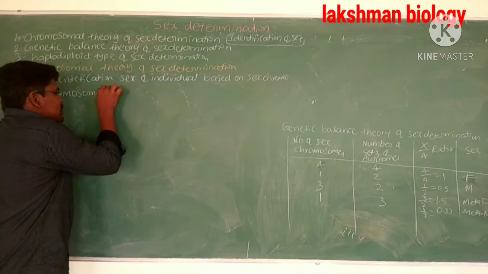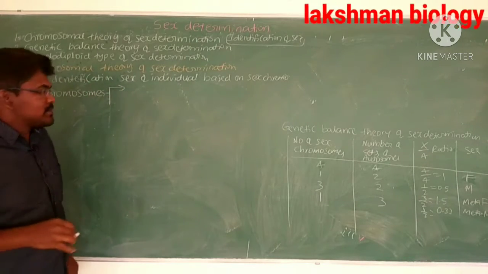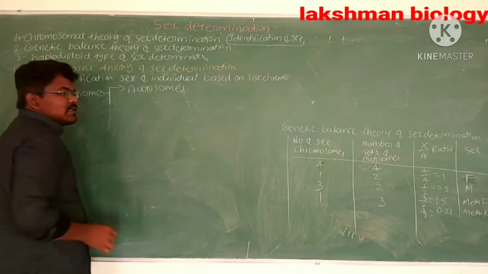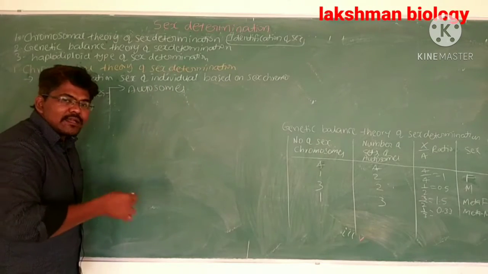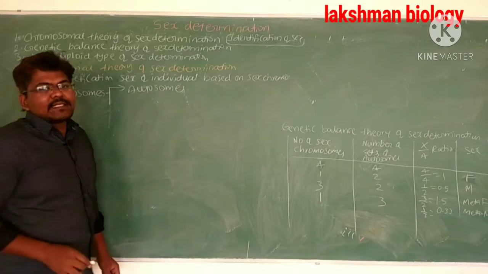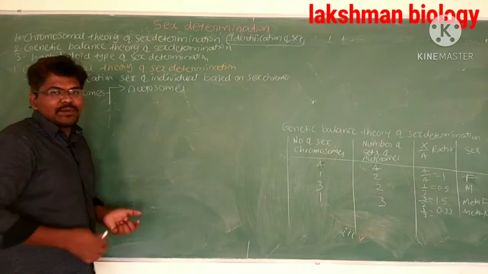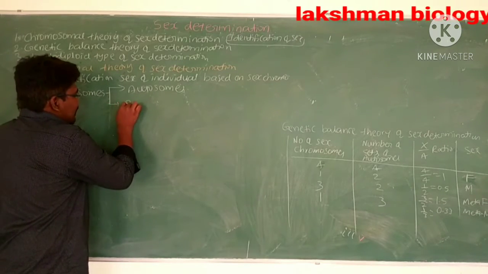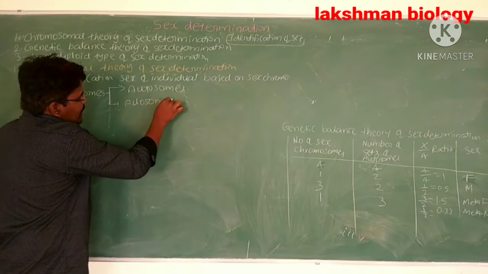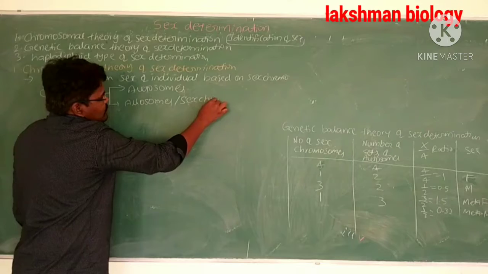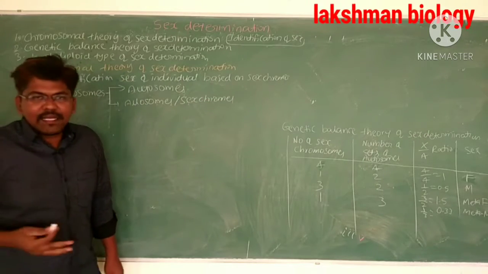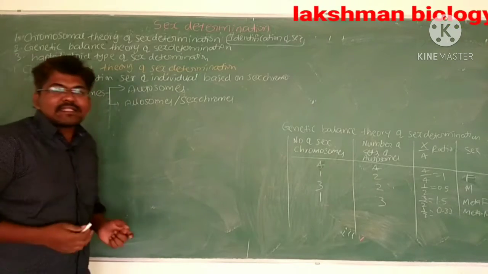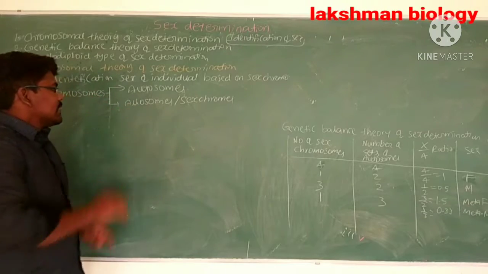Chromosomes are mainly divided into two types. Autosomes are the chromosomes which maintain the somatic characters or body characters, such as color, size, and shape of the organism. Next, allosomes, also called sex chromosomes. What are the allosomes? The chromosomes which determine the sex of an individual are called allosomes.